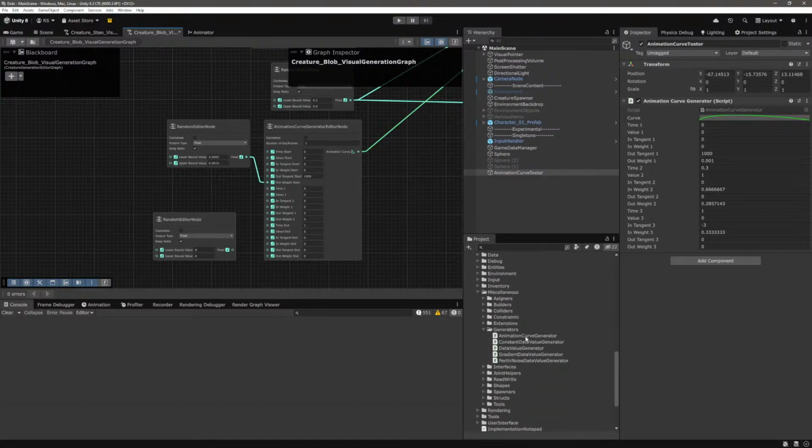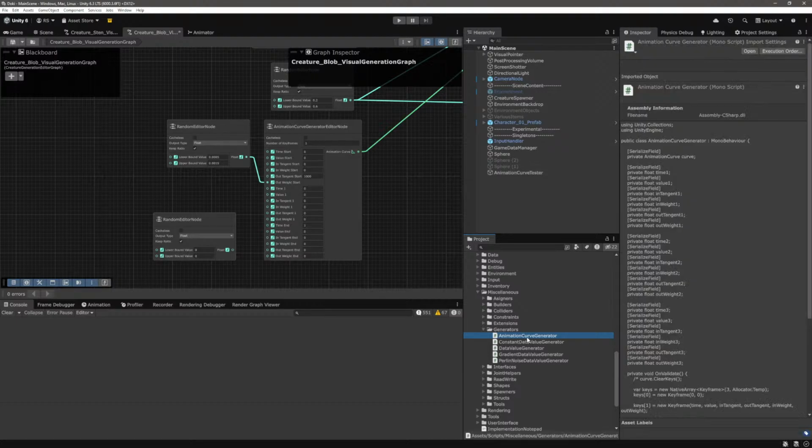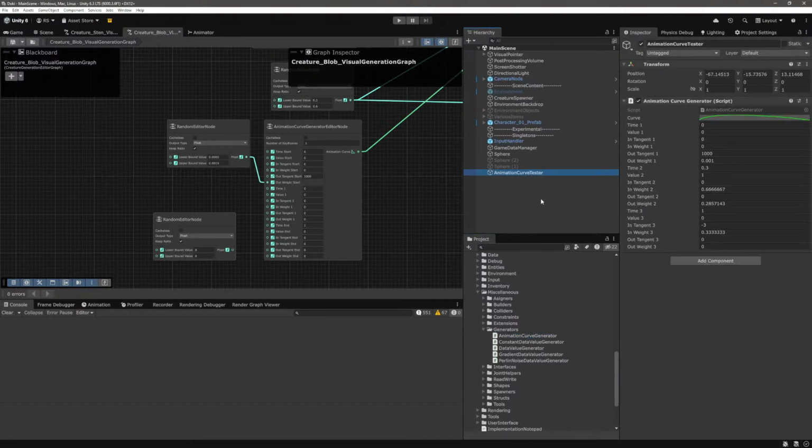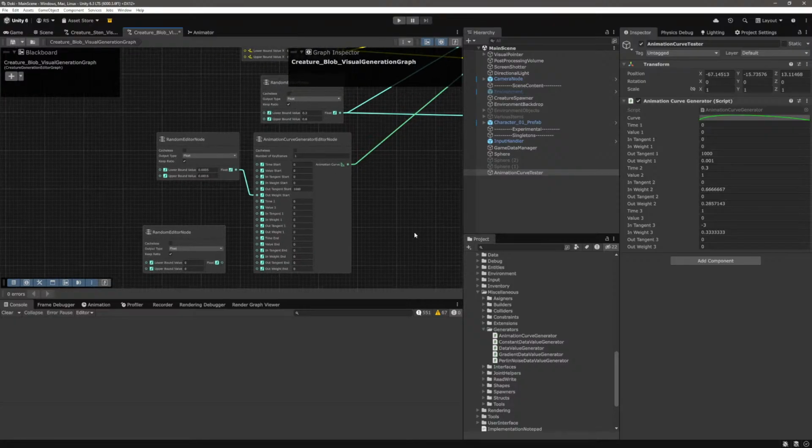Maybe that's just the easiest way to do it. Or we don't even have to make it into a scriptable object, right?